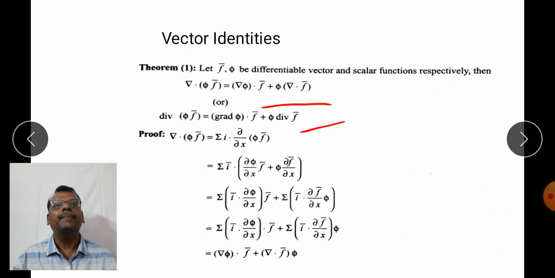Therefore, del phi dot f bar plus del f bar dot phi is nothing but grad phi dot f bar plus phi dot div f bar.